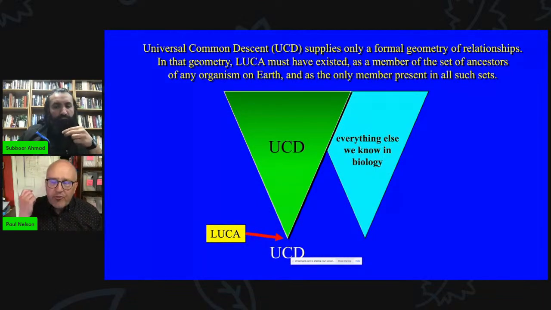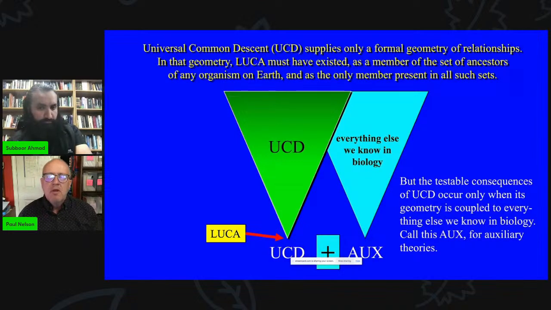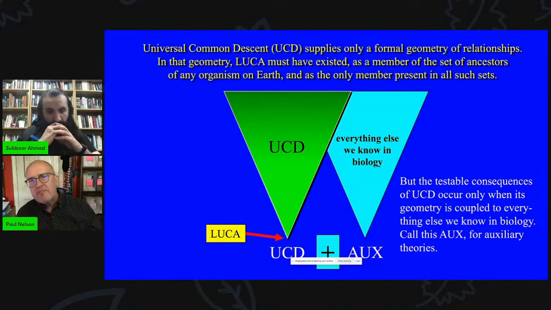Now, this formal geometry, it may surprise you to hear this, doesn't actually predict anything until you couple it to everything else we know in biology. So we'll couple universal common descent to what I'm calling AUX. By that, I mean an auxiliary theory. How do we get testable consequences from this formal geometry? We couple it to the rest of our biological knowledge, and that lets us make predictions.